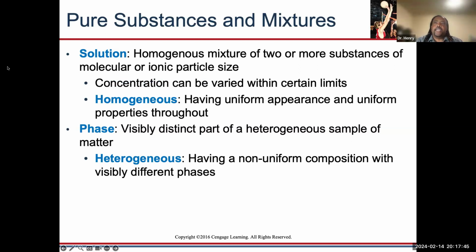Okay, so diatomic elements. So I mentioned that there are 7 diatomic elements. Okay, and the 7 diatomic elements are, write this out.